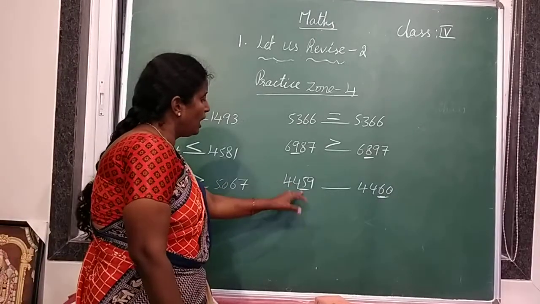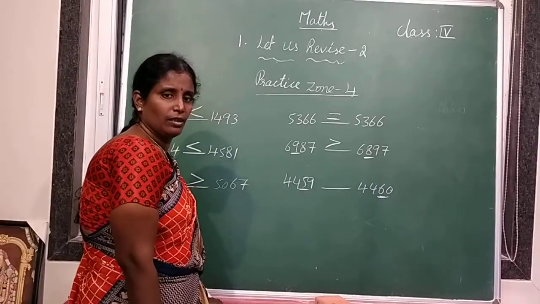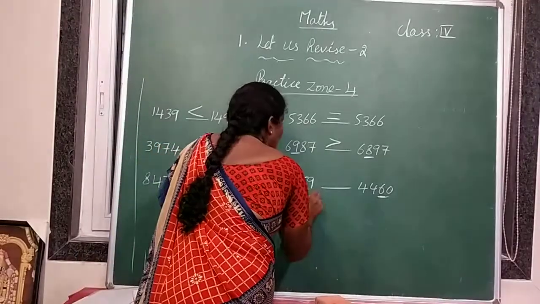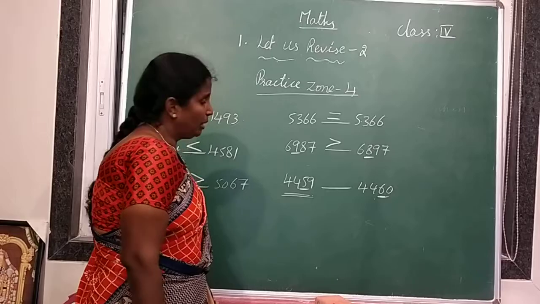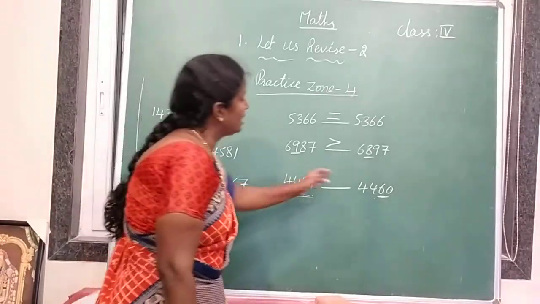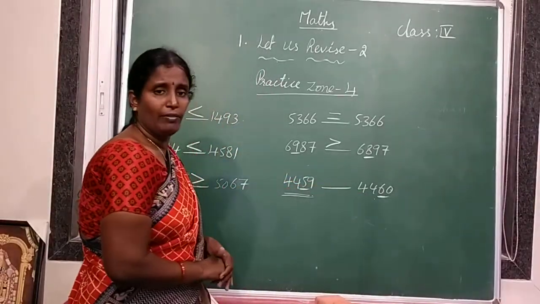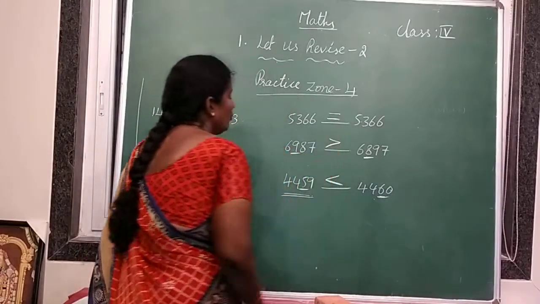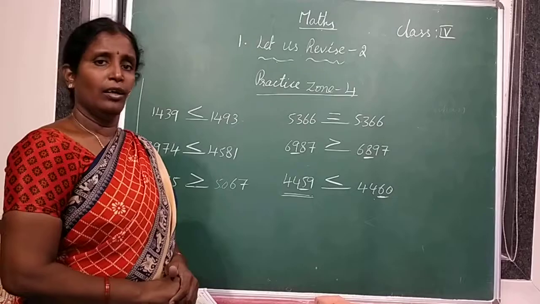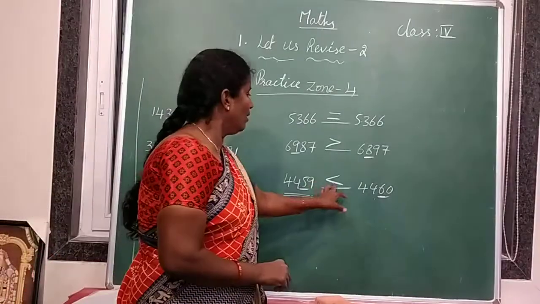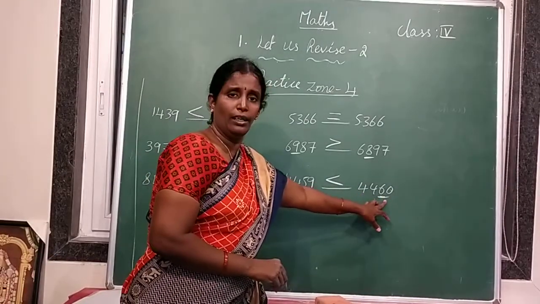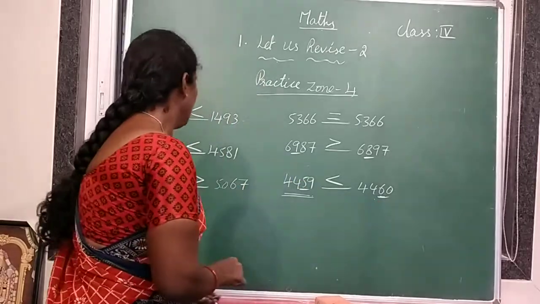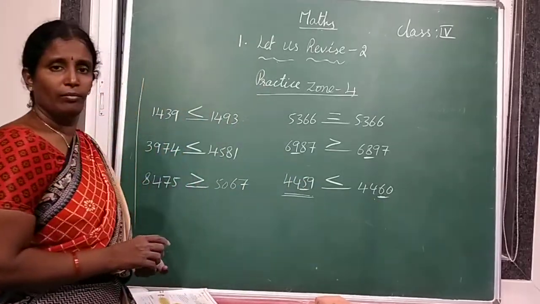So is 5 smaller or greater than 6? Smaller than 6. That means first number is less than the second number. So what symbol will come? Less than symbol. So 4459 is less than 4460. Is it right? Yes. So everybody finished? Good.